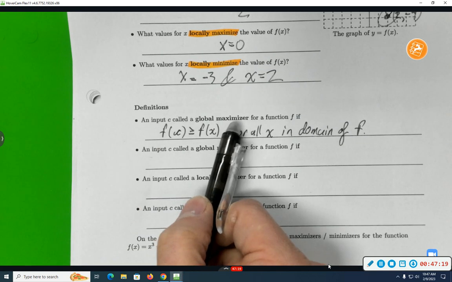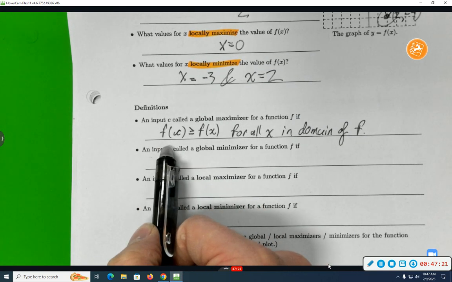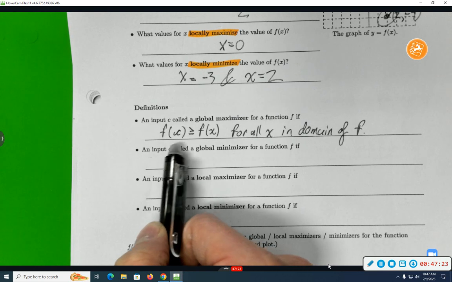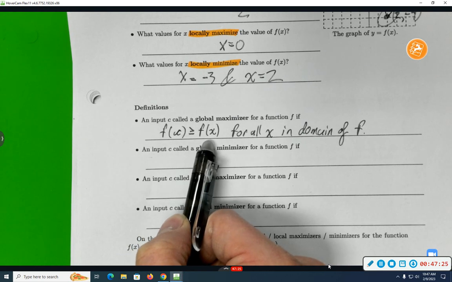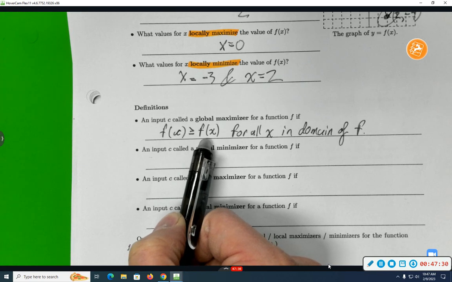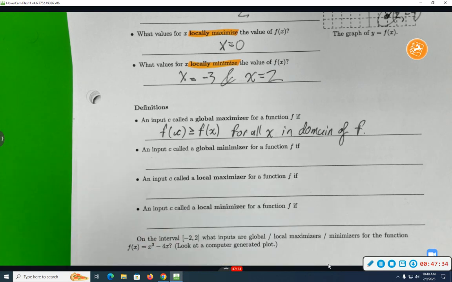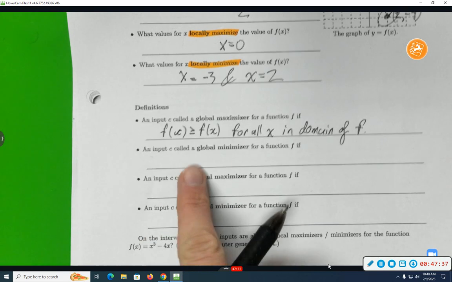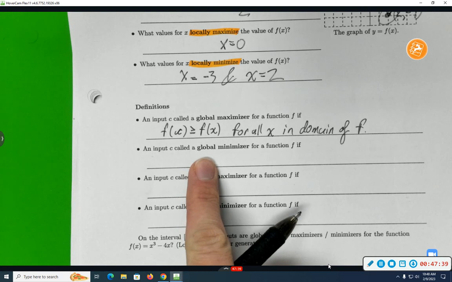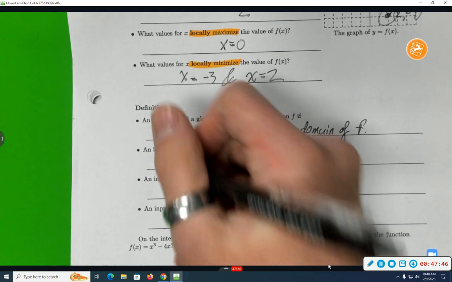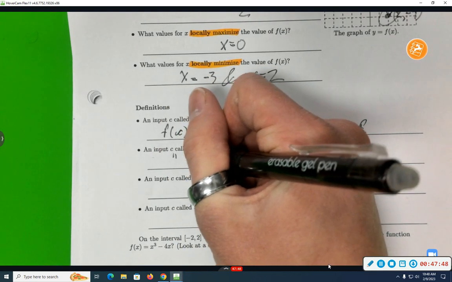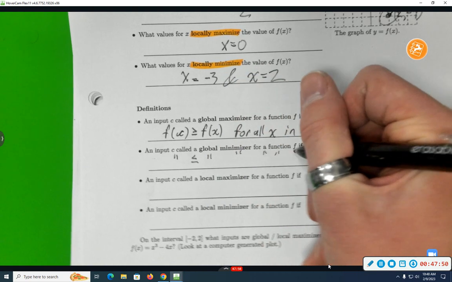An input C is a global maximizer if the output resulting from C is bigger than or equal to every other output. It has to be bigger than or equal to, otherwise you would be demanding that f of C is bigger than f of C, which isn't what you want. An input C is a global minimizer if, well, how would it change to make it a minimum? Yeah, the inequality would flip. f of C is less than or equal to f of x for all x in the domain.